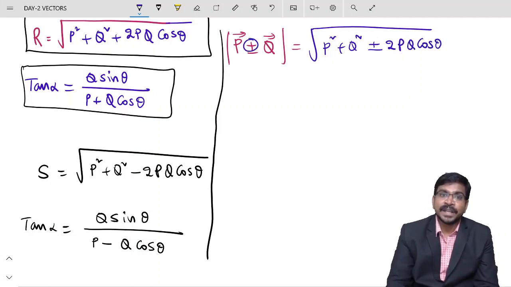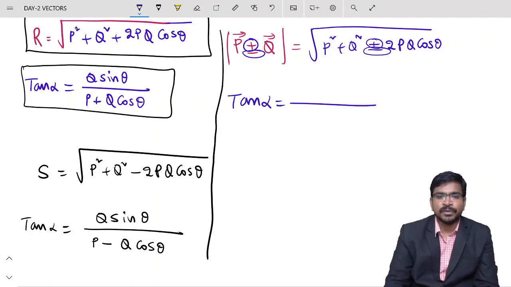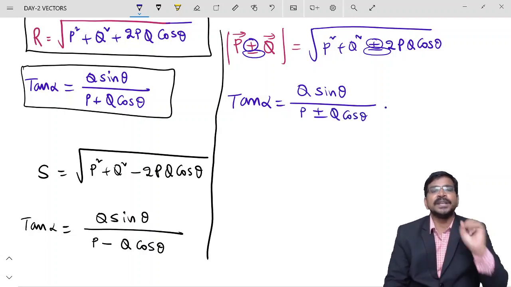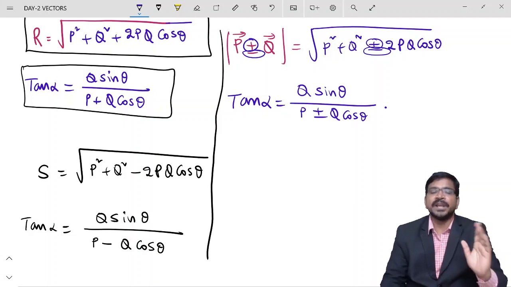If plus is taken, here plus. If minus is taken, here minus. Simple. And the direction also, tan alpha equal to Q sin theta over P plus or minus Q cos theta, right? This is the generalization of the addition and subtraction.